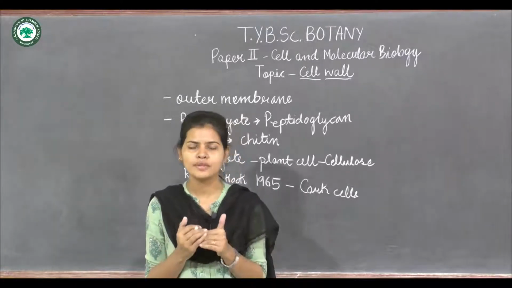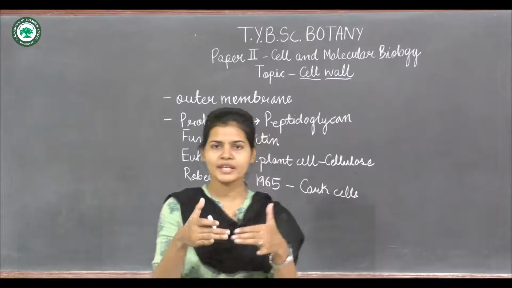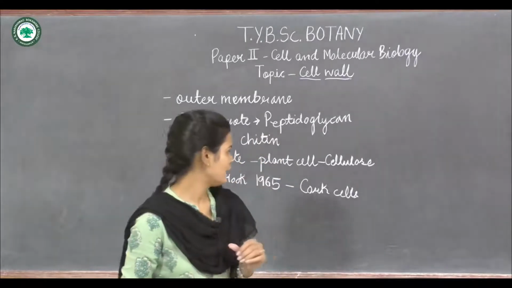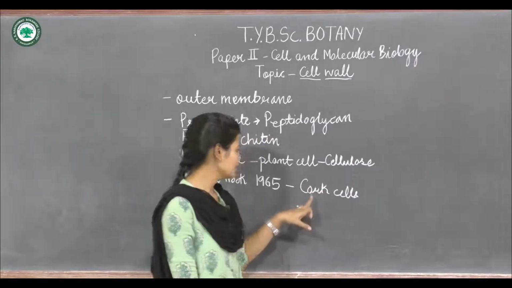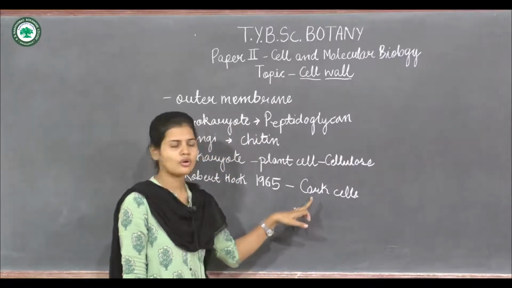In trees, when secondary growth, or increase in girth, takes place, it forms a tissue, that is bark, and this bark is made up of these cork cells.